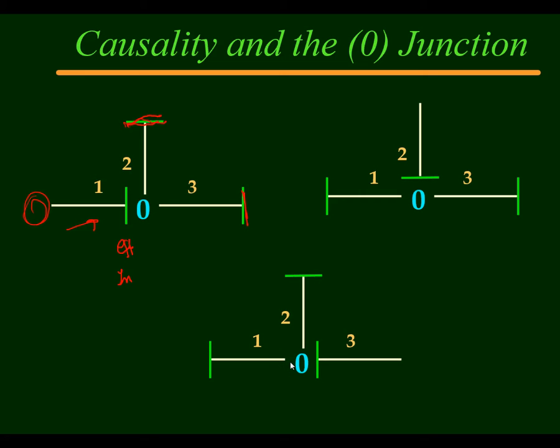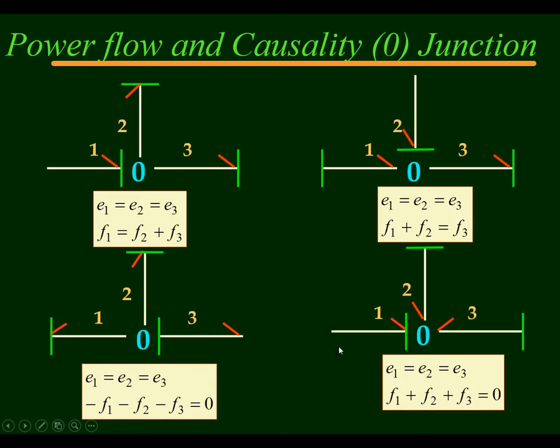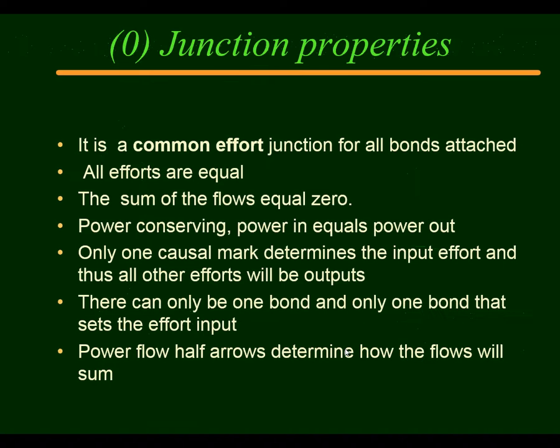So there's always the interaction between effort and flow in every system in any domain. And I have put both of those, the causal marks plus the half arrows, in this picture. The common effort junction, all bonds attached, all efforts are the same. The sum of the flows equals 0.